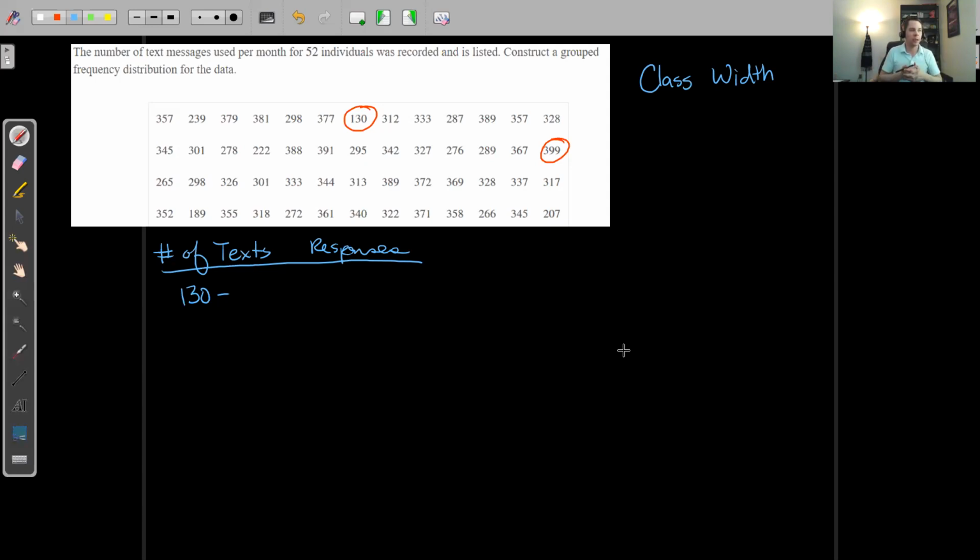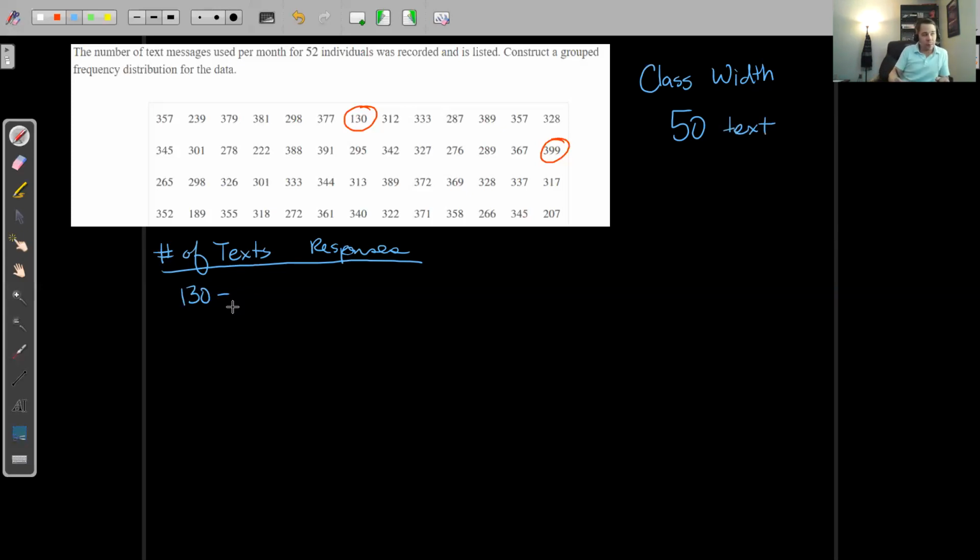It looks like here we're going from 100 to 400-ish. If we're going from 100 to 400, that's a total of 300 as our range. And if I have 300 in the range, it probably makes sense if I wanted to group it up into 5 or 6 groups that each of the widths are about 50 text messages. So I'm going to say 50 texts is the class width.